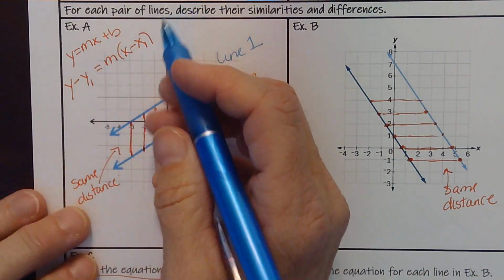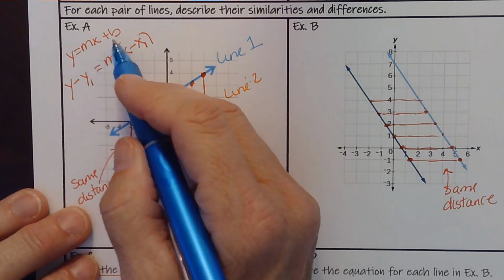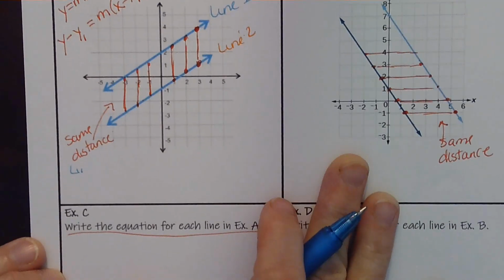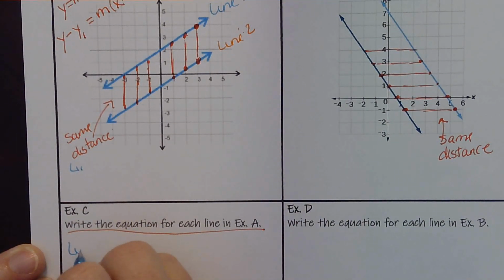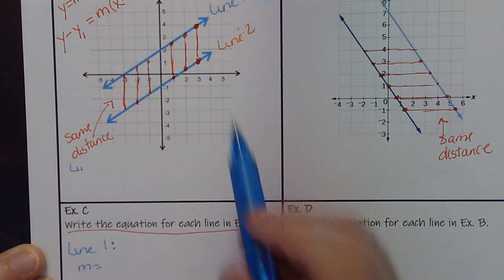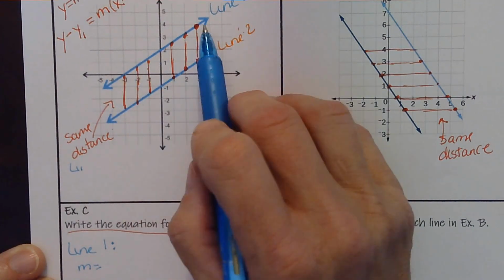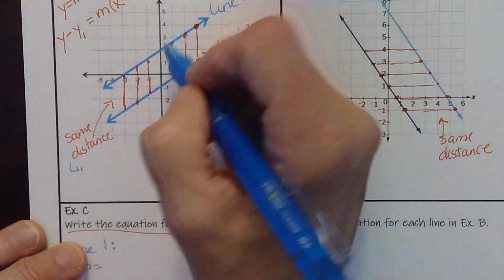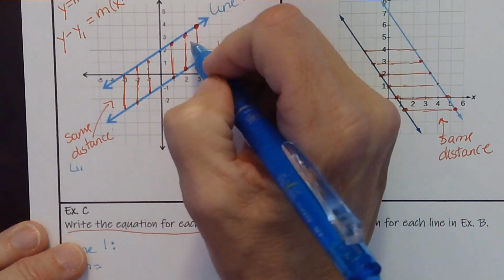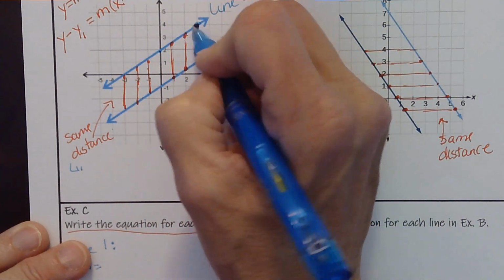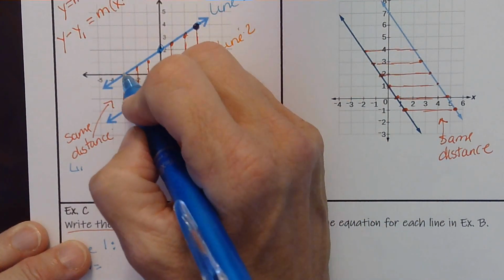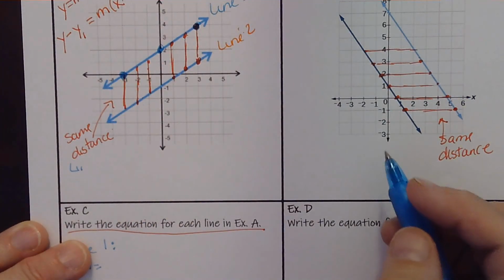Okay, I need the slope and the y-intercept. So for line 1, how can I find the slope of the line? Well, let's just do rise over run. So let's find a good point that might be easy for us to see, that ends up at the crosshairs.